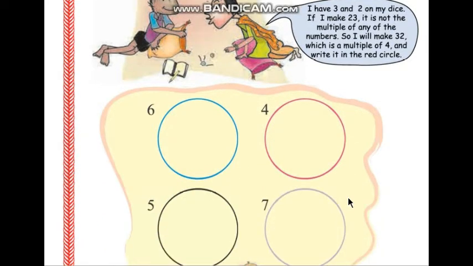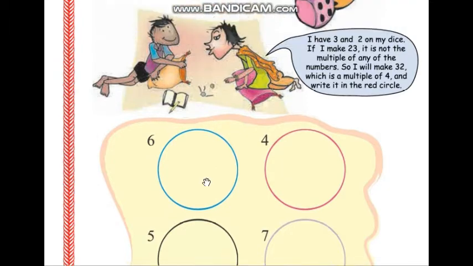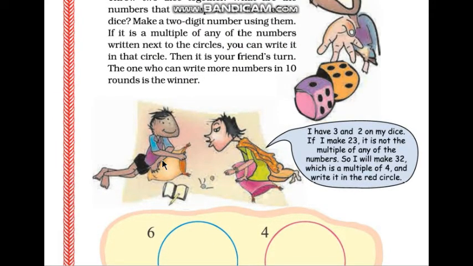So children, here 23 is not coming in the table of 6 or 4 or 5 or 7. It is not coming in any of these tables. So it is not a multiple of any of the numbers. So I will make 32, which is a multiple of 4, and write it in the red circle. So 23 will become 32 and 32 is a multiple of 4. So here she can write 32 and then the other friend will take a turn.